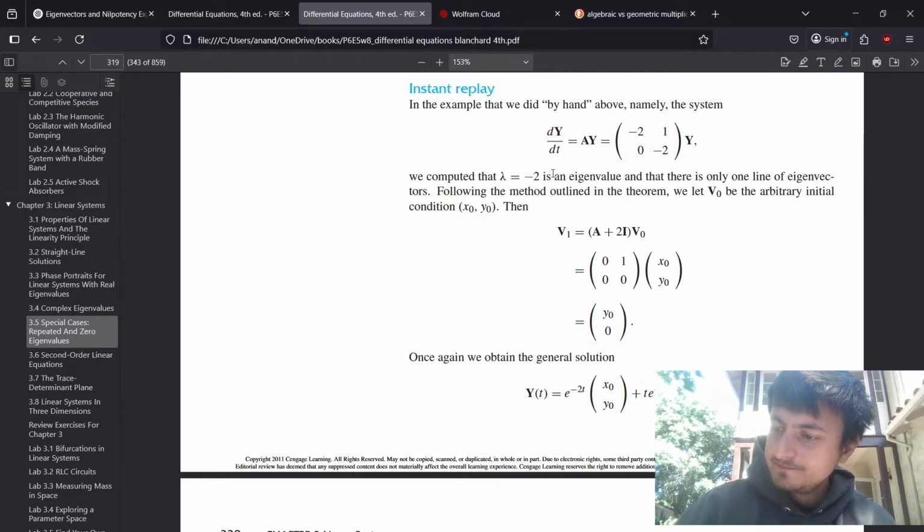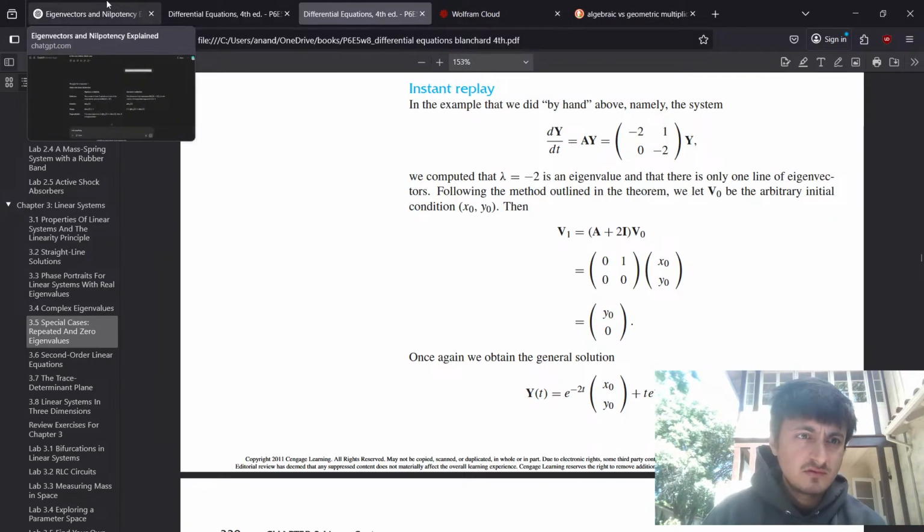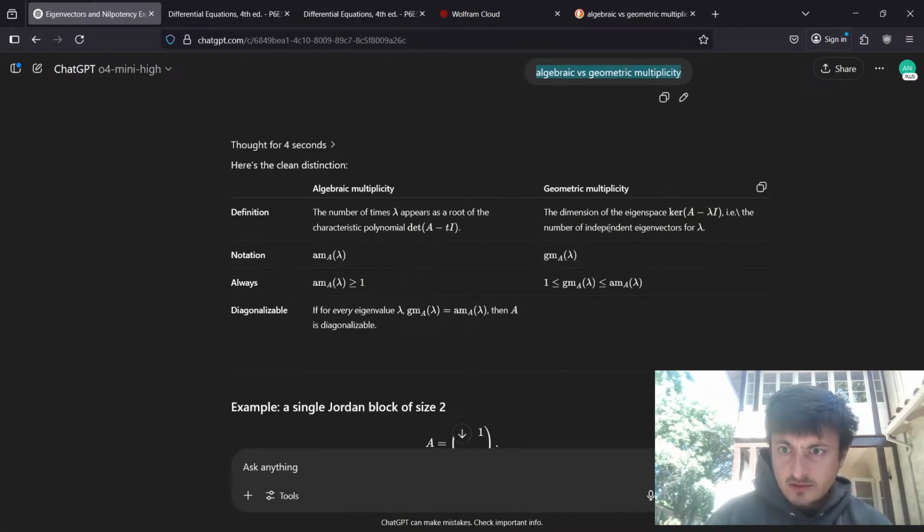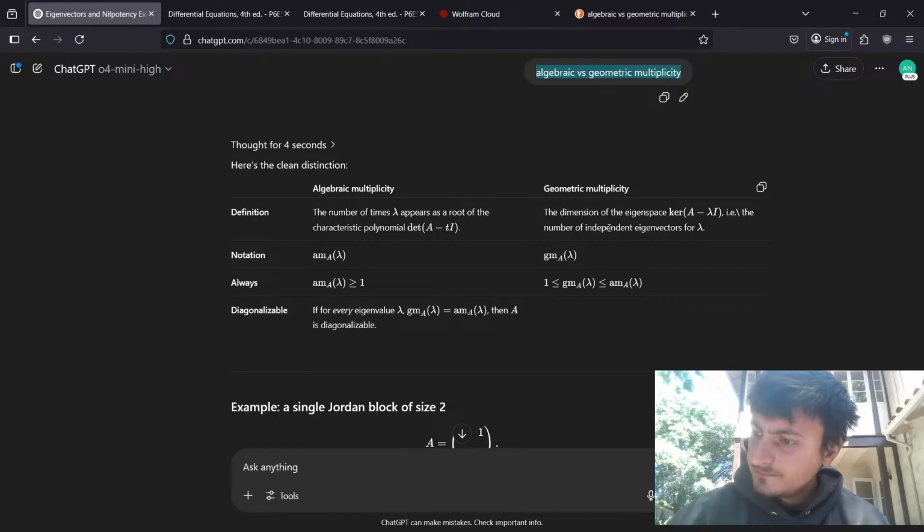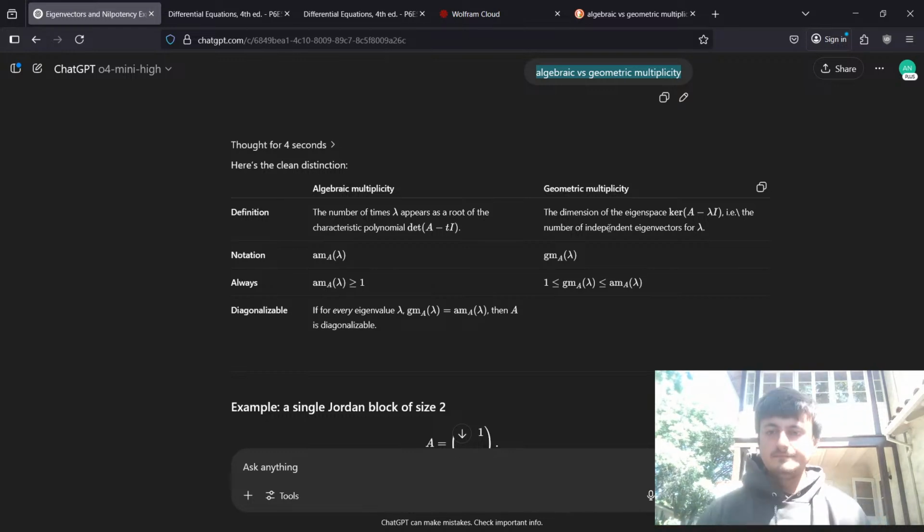Geometric is the dimension of the eigenspace, right? Yeah. Or the kernel of A minus lambda I. Great.